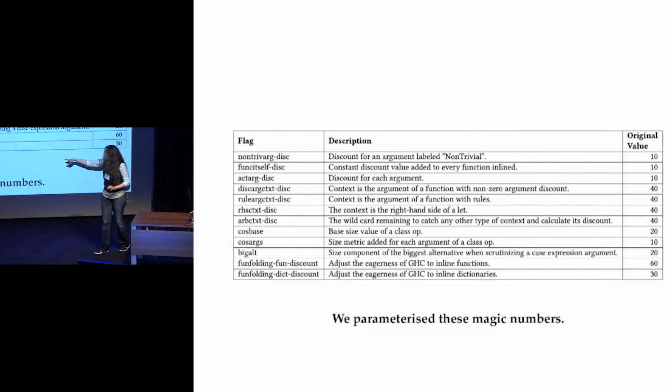And then there are 2 on the bottom here, which were just included with GHC. One of them is the eagerness to inline functions in general, and another is the eagerness to inline dictionaries. We said, that tooling is already done for us, let's just throw it in. The rest of them, we turned these magic numbers into parameters that we could just pass to GHC, so at compile time it could stick those new random numbers in.